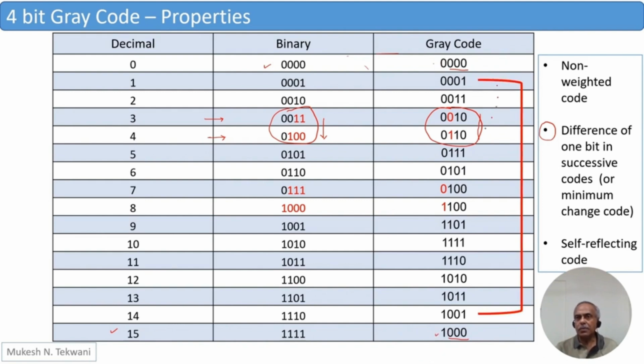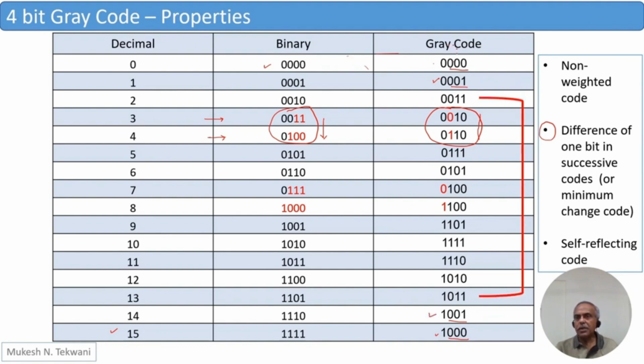Here the most significant bit is a 0, and for this the most significant bit is 1. Look at the next one. The next Gray code is 0001, and if you compare it to this, it is 1001. Again, observe these 3 bits and the last 3 bits here, they are the same, and all that is changing is the most significant bit has changed from 0 to 1.